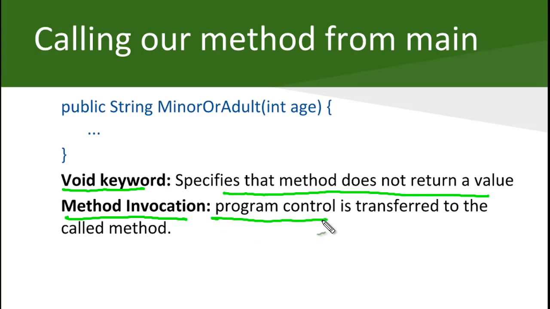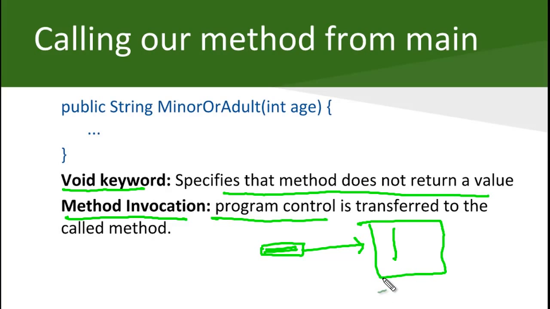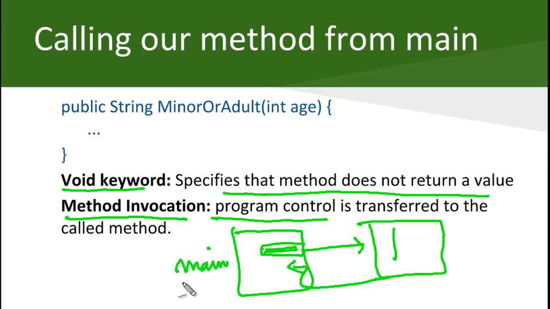And method invocation, the program control. When main was being executed, whenever the function is invoked, the program control goes to the function and it is executed. Then once the execution is completed, the program control comes back to main.